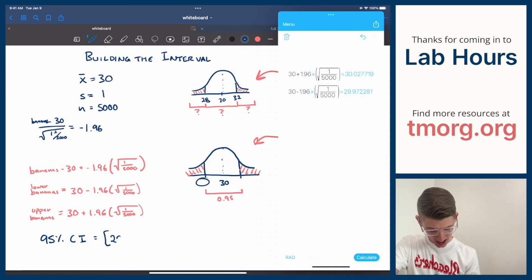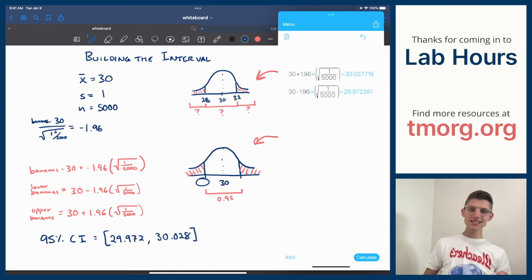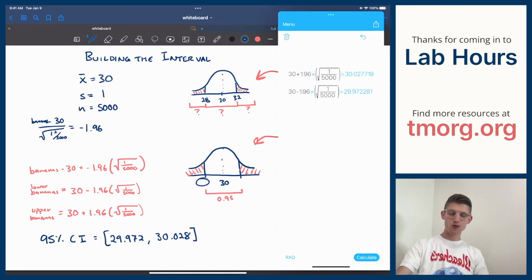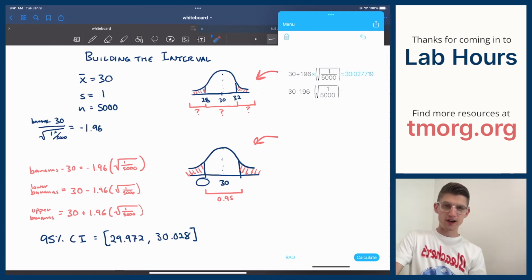It's 29.972 to 30.028-ish, right? That is a huge difference from the 28 to 32 margin that we had before. And in fact, this is a much more realistic margin that you would see, right? The margin in this case is the 1.96 times the square root of 1 over 5,000, right?